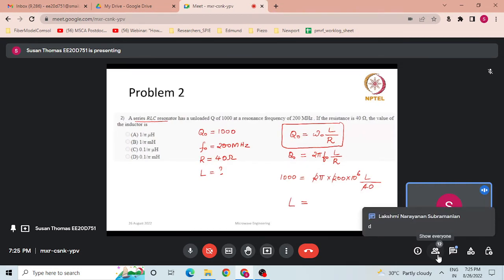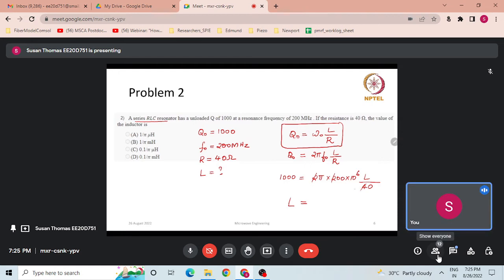Yeah, Lakshmi Narayanan, as you said, he's saying option B. So let's see.